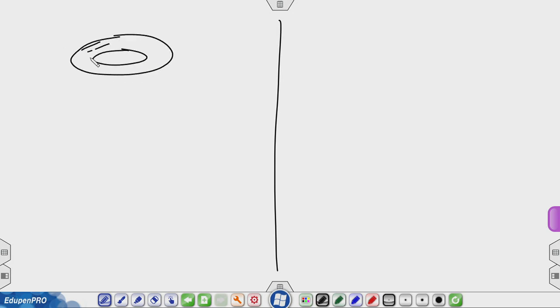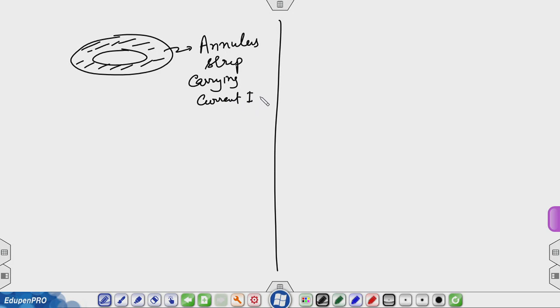So, this is the filled strip, this is the annulus strip carrying current I. So, here is current I flowing in it. And it is put in a magnetic field over the strip.